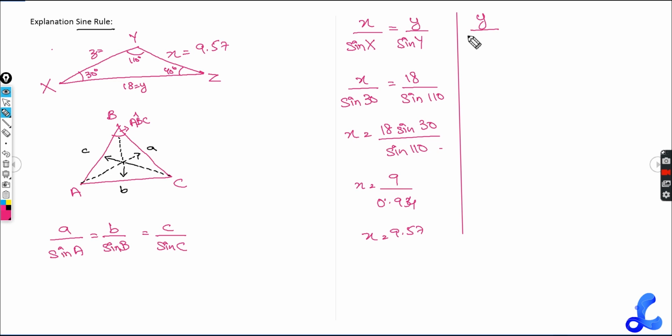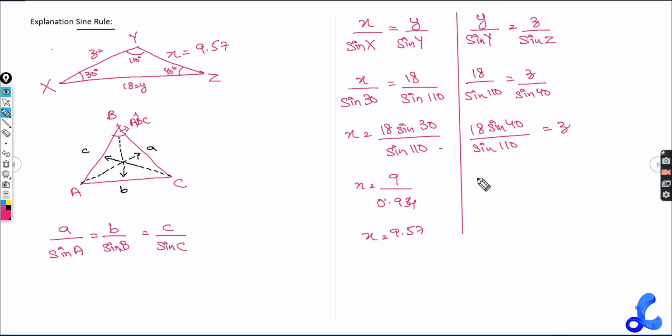So y over sine Y equals z over sine Z. Y is given to us as 18 over sine 110 equals z over sine 40. When I take this upstairs, this becomes 18 sine 40 over sine 110 equals z.